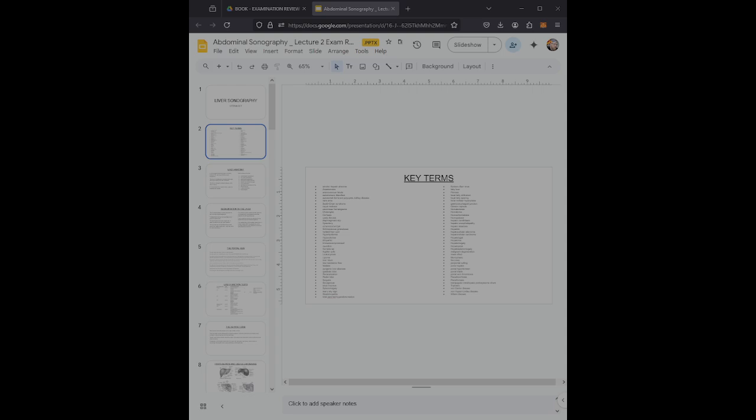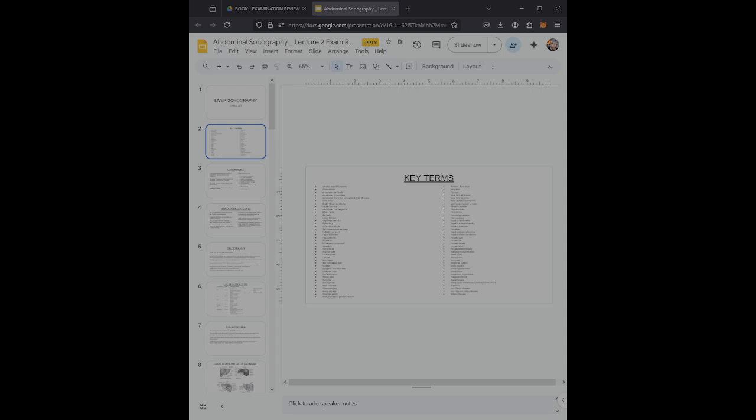So, fatty liver can present as focal fatty infiltration or focal fatty sparing. Focal fatty infiltration manifests as a fatty liver disease in which fat deposits are localized, as opposed to focal fatty sparing, which is a manifestation of fatty liver disease in which an area of the liver is spared from fatty infiltration.